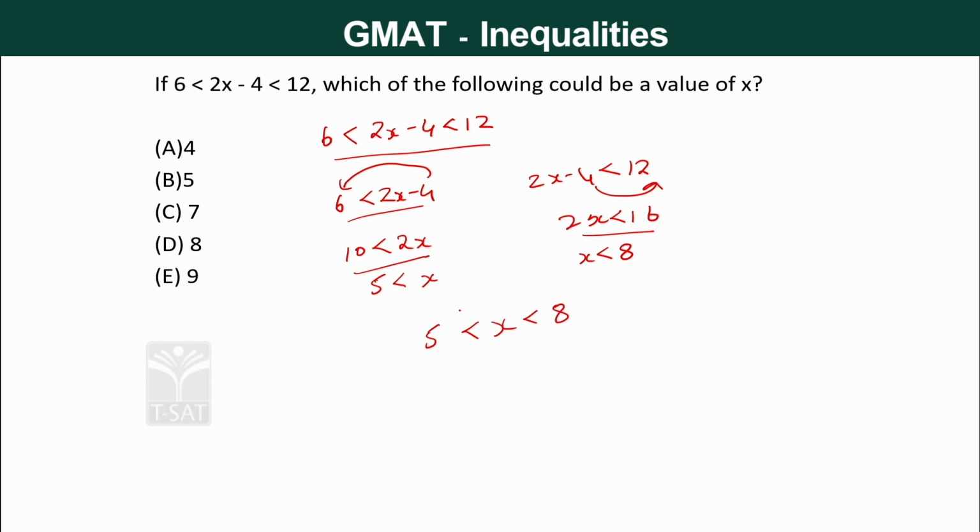Out of these options, we have only one that satisfies the inequality, that is 7. Again, there is no equality sign, this is only less than, that is why x can be neither 8 nor 5. 7 is the only option that satisfies the inequality.